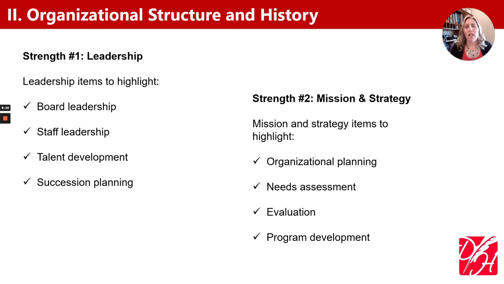A second area that we might focus on for organizational capacity is mission and strategy. What might we focus on here? What might we highlight? Well, what is the process that your organization goes through for its strategic planning? Do you go through a planning process every 3 years?